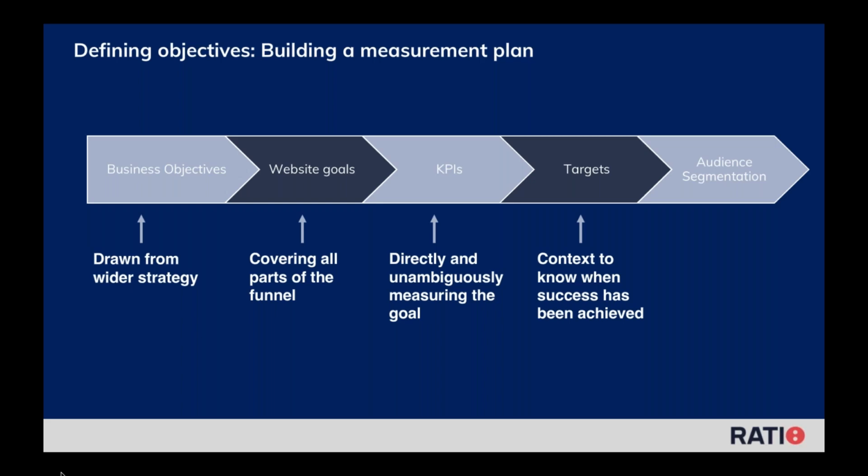A measurement plan, if you're not aware, is something that ladders down from what you're trying to achieve as an organization into how the website specifically will support that, into what KPIs will help you understand whether the website is supporting that, or let you measure that specific website goal, through to what targets you should have around those KPIs, and through to what audience segmentation is particularly relevant to the KPI, to the website goal.